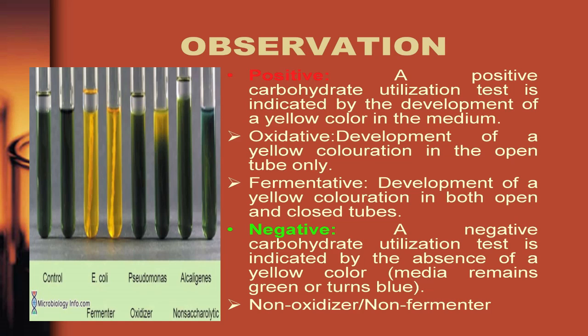If it is fermentative, you will see a development of yellow coloration in both open and closed tubes. If it is negative, the carbohydrate utilization test is indicated by the absence of yellow color, with the media remaining green or turning blue, a non-oxidizer or non-fermenter.